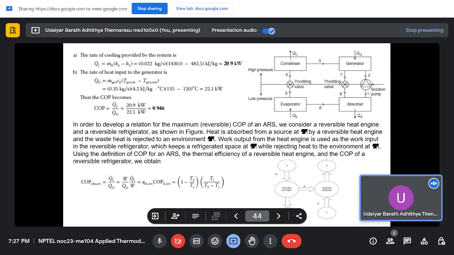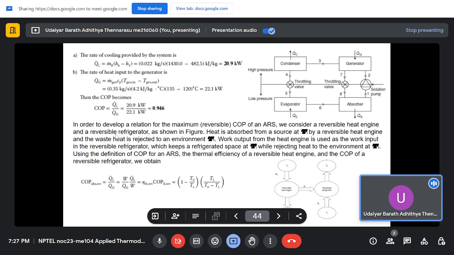If we neglect the pump work, COP is Q dot L by Q dot g. Q dot L is the cooling capacity you got in the evaporator, divided by the heat you are supplying. So 20.9 divided by 22.1 comes out to be 0.946.